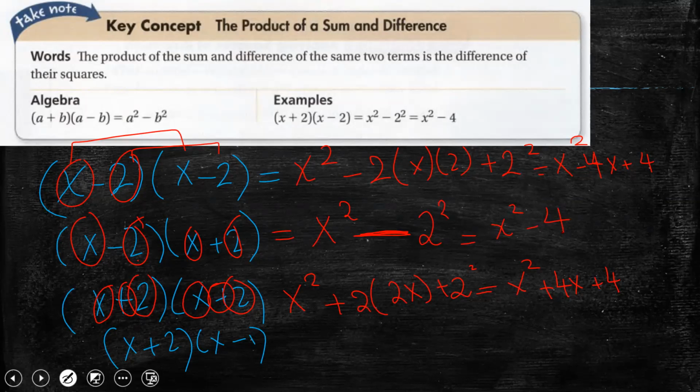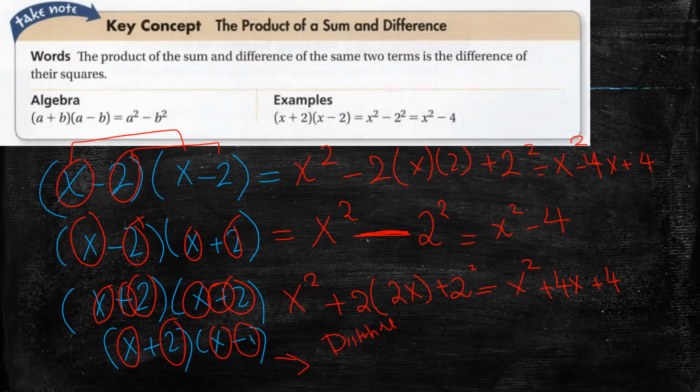Now look at the last one here. Do we have the same term? No. So I multiply it by the distributive property or by the table. If they have different terms, I can multiply it by any of these ways.